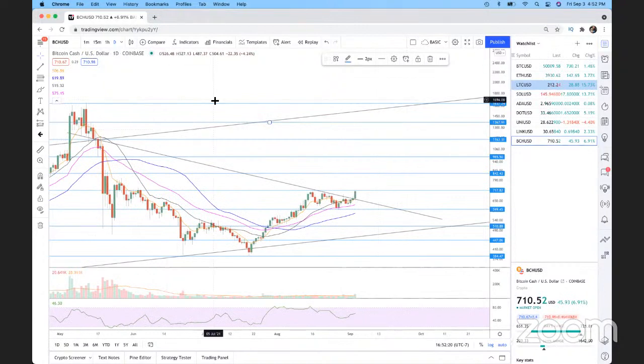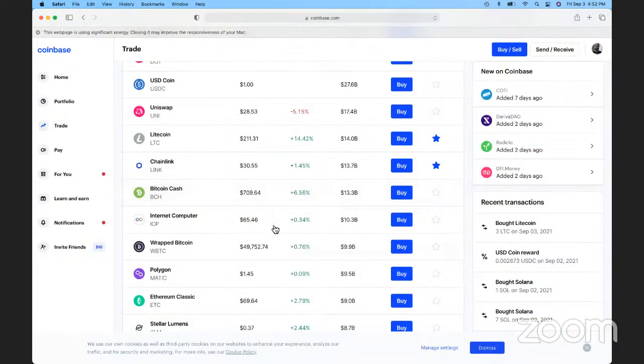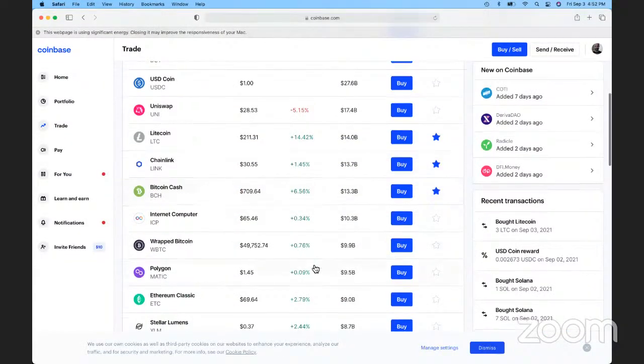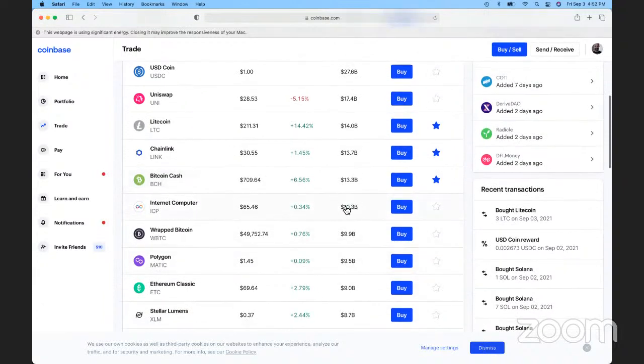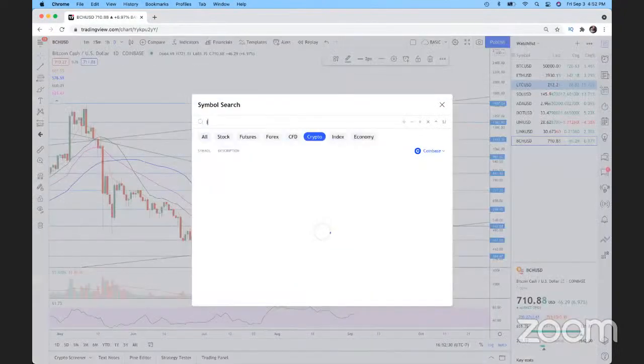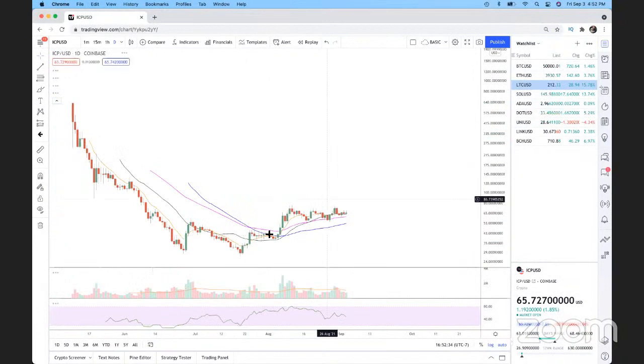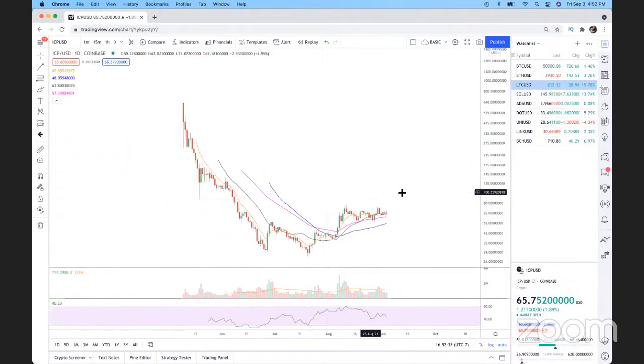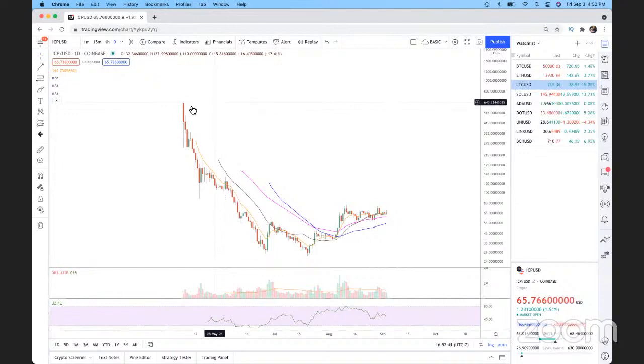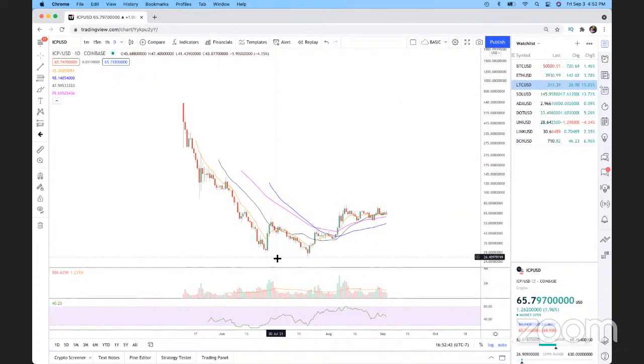All right. Well, let's see if there's something else. We'll find another one or two. Okay, so this is ICP, a 10 billion cap, ICP USD. This one has been making a base. It crashed from 640 all the way down to 26.